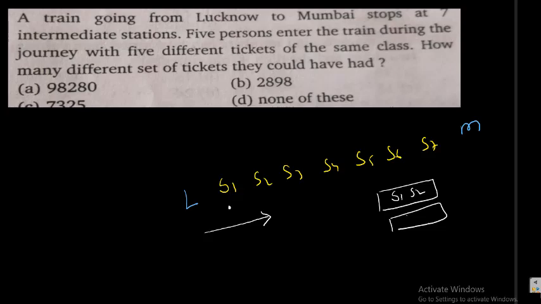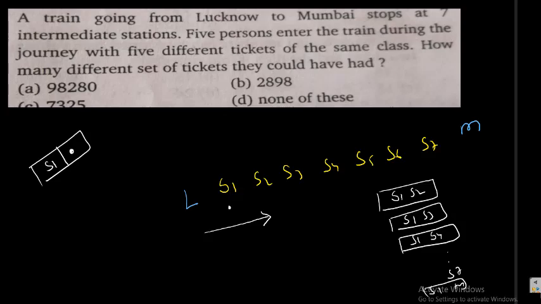Another ticket we can print S1, S3. So another ticket we can break S1 and S4, like that, so on, S7 and M also, last one, S1, S7. What is the meaning of that? Now what I am finding, possible combination tickets. So what are S1, and here how many possibilities are there? Here I can add S2, S3, S4.